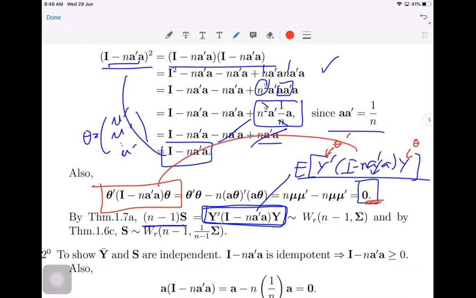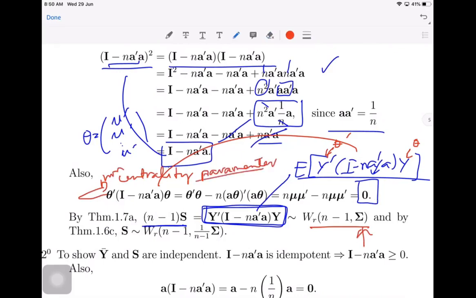So this is telling us that this is a central Wishart. Okay, that's a central Wishart. So the only parameters left here are n minus 1 and sigma. Are you with me? Yes, ma'am. This is the non-centrality parameter, but since it is equal to 0, it becomes central.